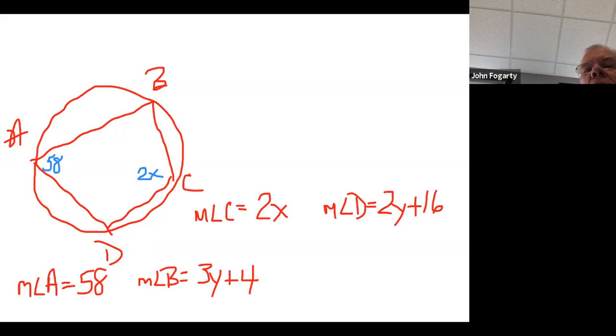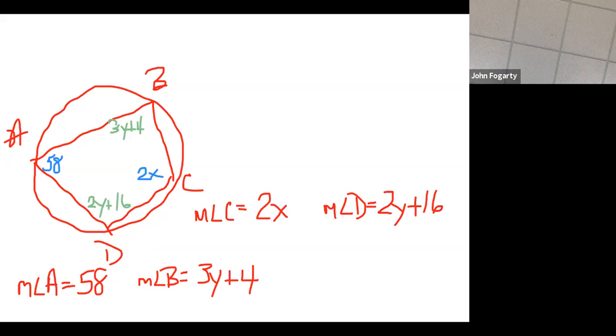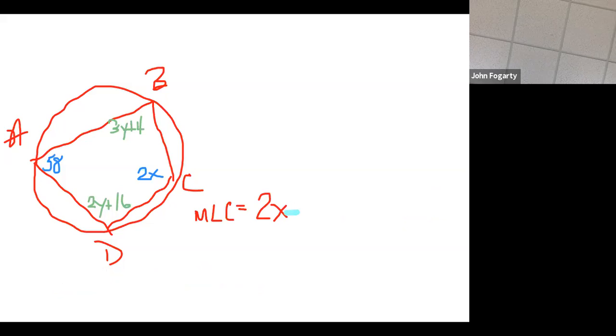And then I would put a 3y plus 4, and I put a 2y plus 16. Now, what I know is that the two blue angles are supplementary because they're opposite. And the two green angles are supplementary because they're opposite.